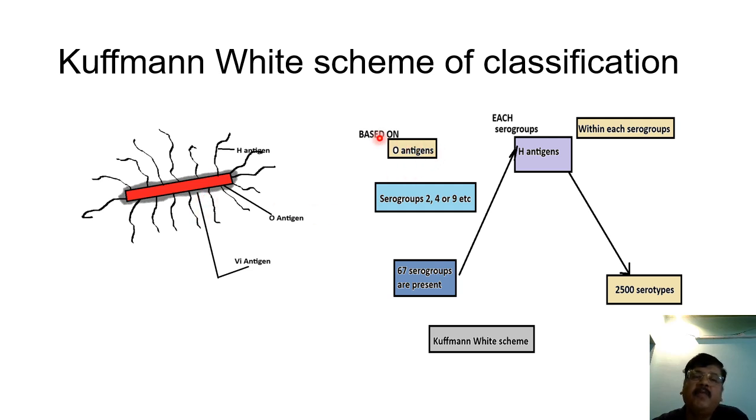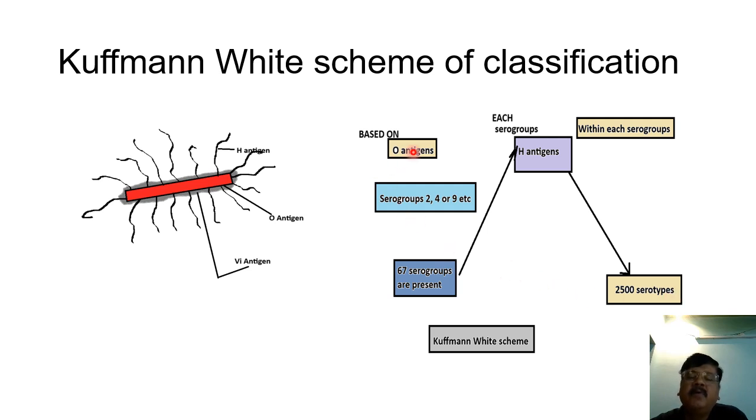If you see the Kaufman-White scheme, based on O antigens they are classified into serogroups 2, 4, 9, like that. And within each serogroup, based on H antigens, that is the flagellar antigen, each serogroup is further classified into 2,500 serotypes.